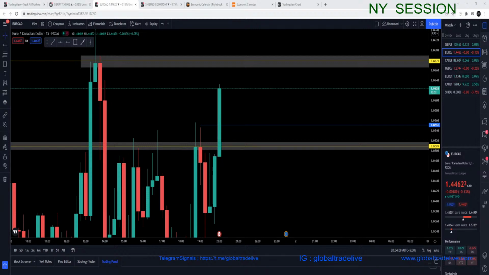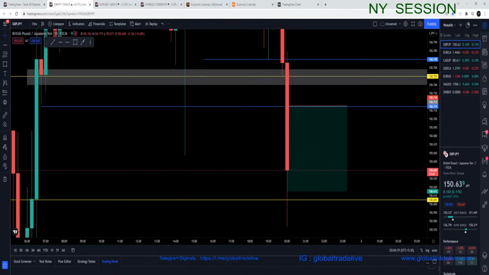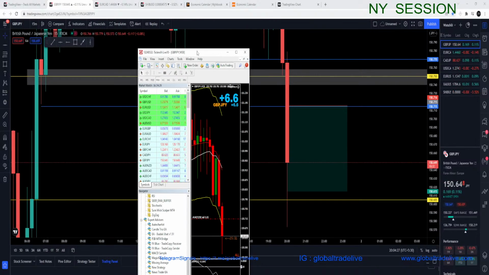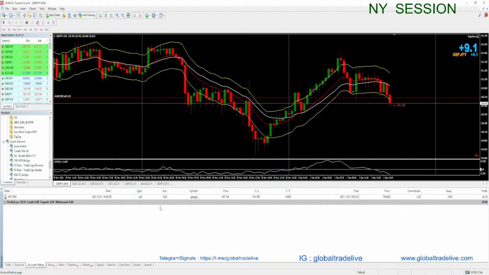So we waited for almost 3 hours now. 3 hours we waited for this trade over here. Let me just show you my trade. Look over here. So this was the trade I took.